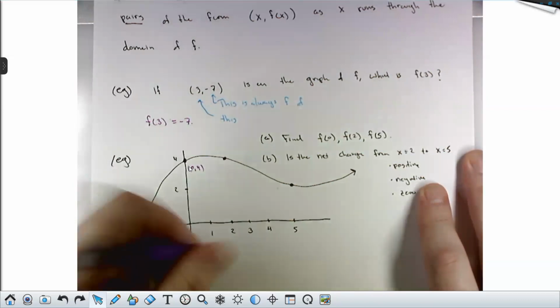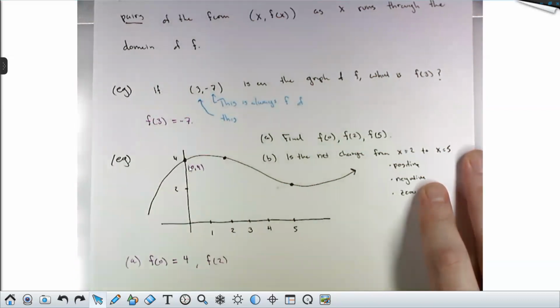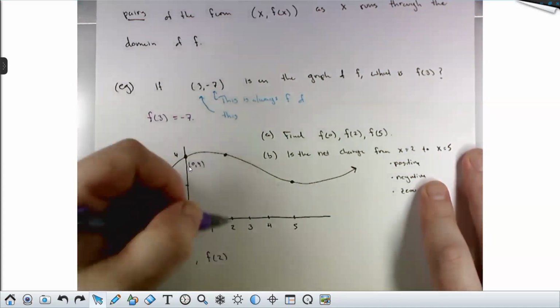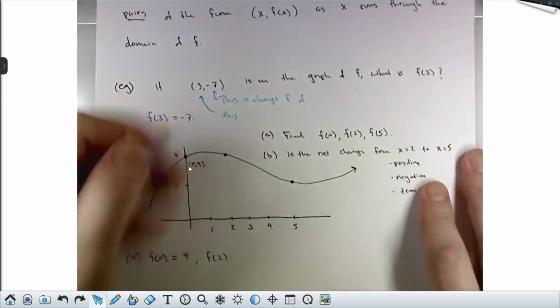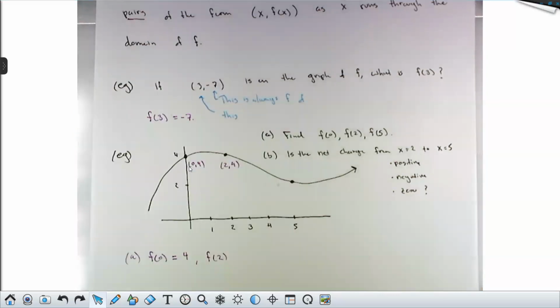All right, what is f of 2? Well, I should look to the ordered pair associated with x equals 2. It's at the same height, right? This is 2 comma 4. So what's f of 2? 4.